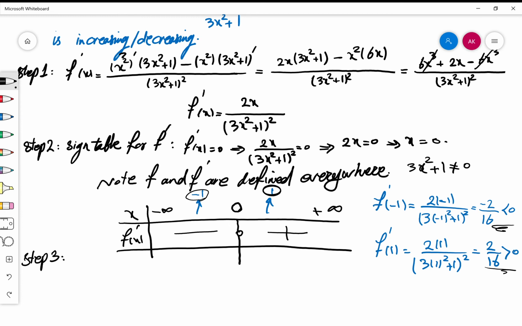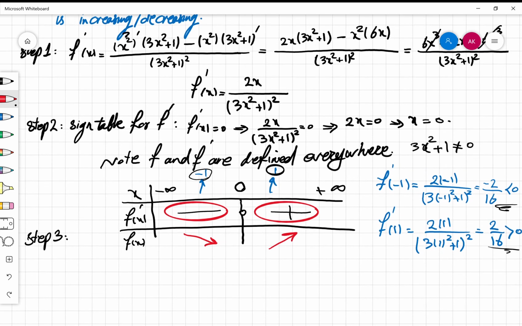Now we're using the test itself, saying that, okay, now I know what the signs of f prime are. Can you tell me where it is increasing, where it is decreasing? If f prime is negative, then the function is going to be decreasing. If f prime is positive, the function is going to be increasing.